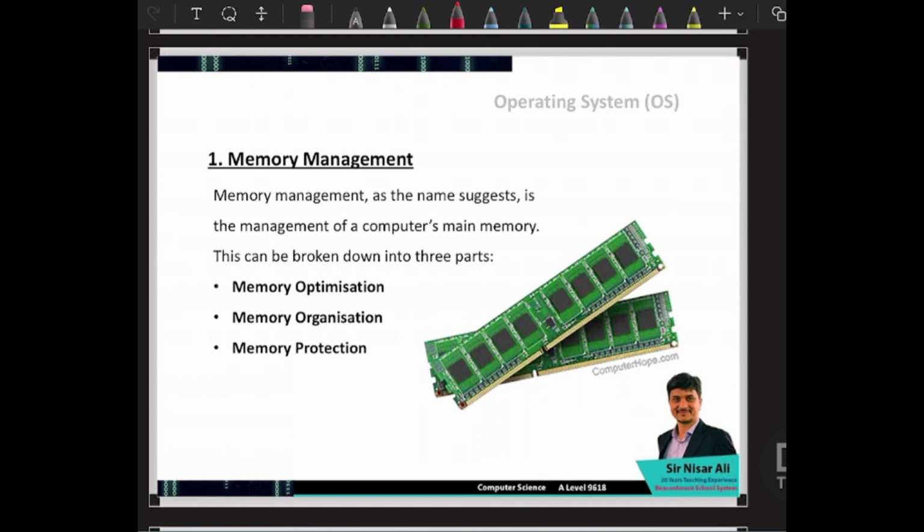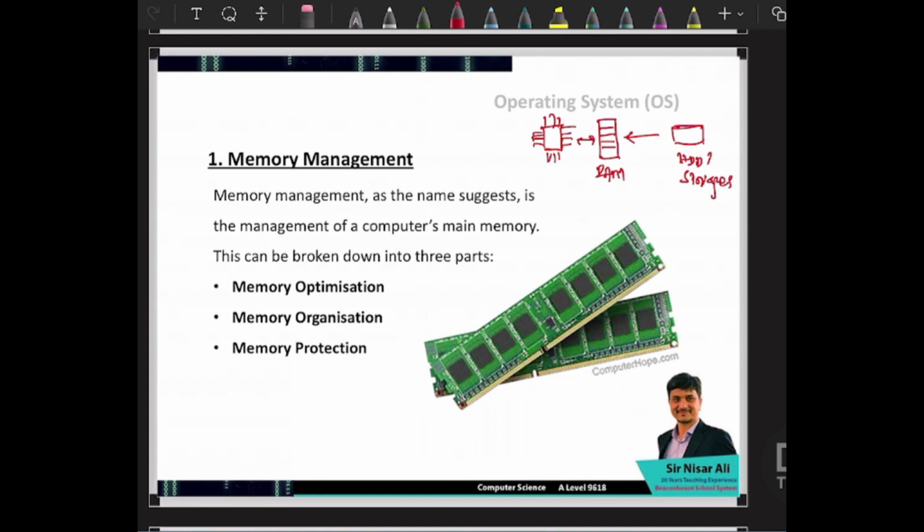You all know that when the microprocessor does the work of fetch, decode, execute, all the programs which are running are loaded into the RAM, and they are loaded into the RAM from the hard disk drive or the storages.